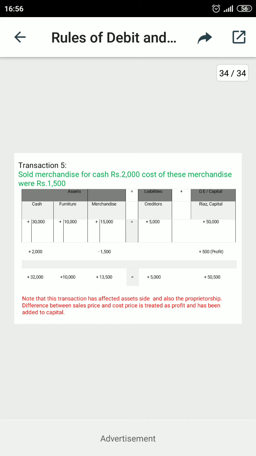The creditors, 5,000, no change, and the capital is 50,000 plus 500 as profit, now 50,500. If you check the total of both sides, it will remain the same, 55,500. So I think the equation is clear: the total of both sides is equal. Total assets should be equal to total claims. Thank you.